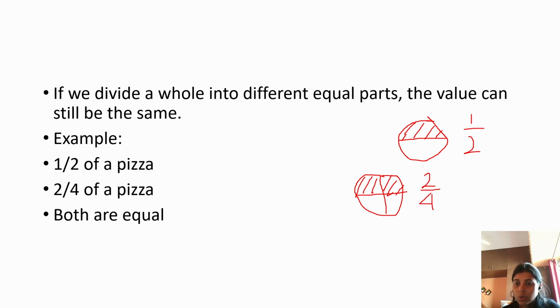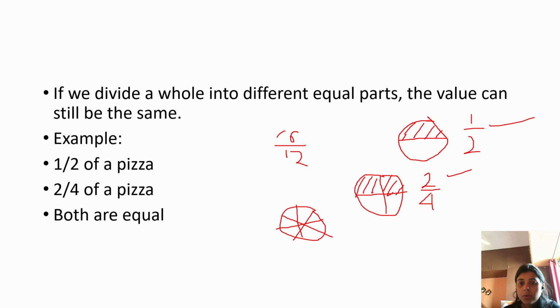So this 2 by 4 value and 1 by 2 value are same or not? Look at the picture. This 2 by 4 represents a half of the whole pizza, and 1 by 2 also represents half of the whole pizza. Like that, if it is 6 by 12, let's say I will cut this pizza into 12 equal parts, and the six parts I can represent as 6 by 12.